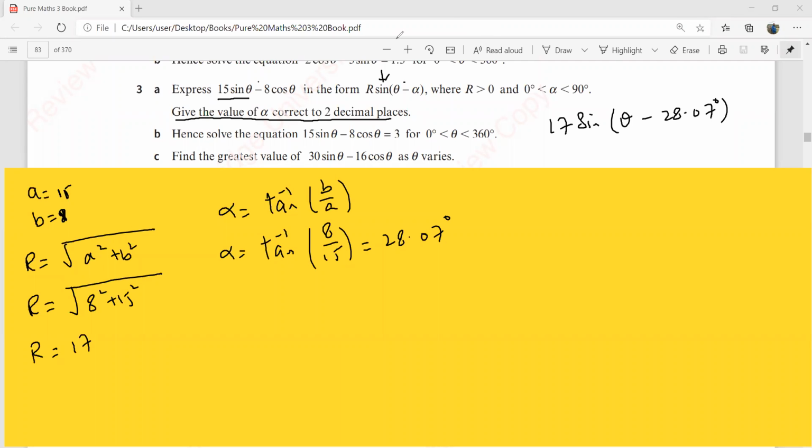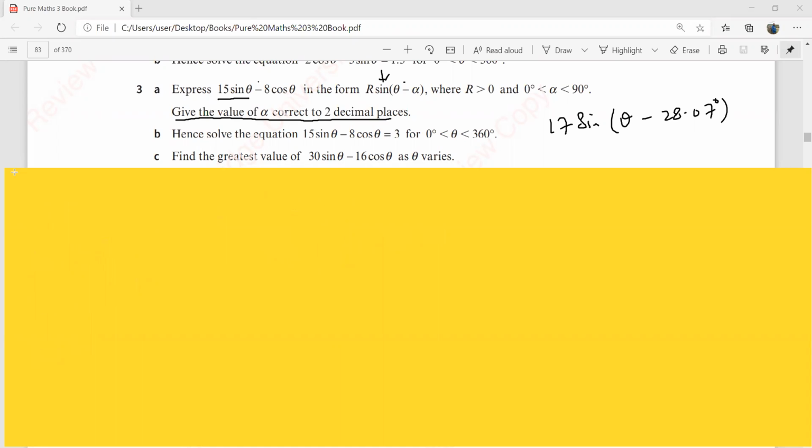So now, instead of all of this expression here, I should be writing here 17 sine theta minus 28.07. Okay, and that is equal to 3.